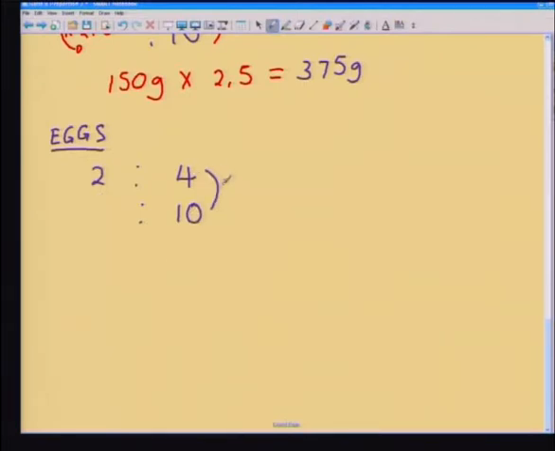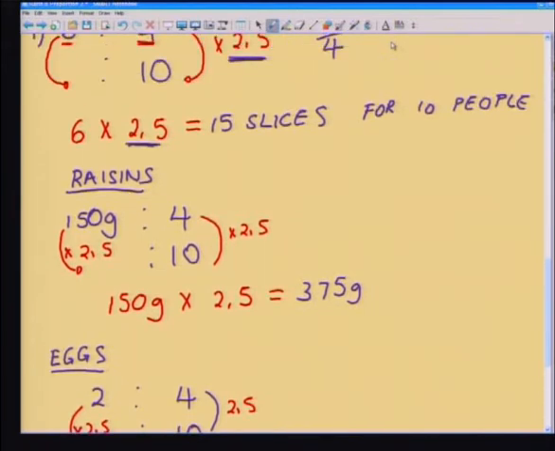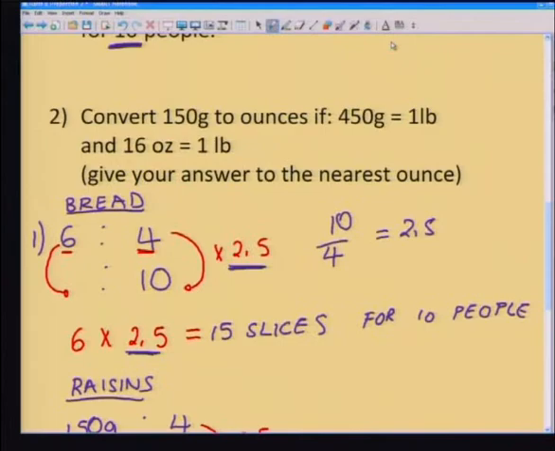So to get from 4 to 10, all we have to do is times by 2,5. So we're going to do exactly the same thing here to work out how many eggs we need. So 2 times 2,5 will give me 5 eggs. Okay guys, so we're halfway there. We've worked out that we need 5 eggs, 375 grams of raisins, and 15 slices of bread.